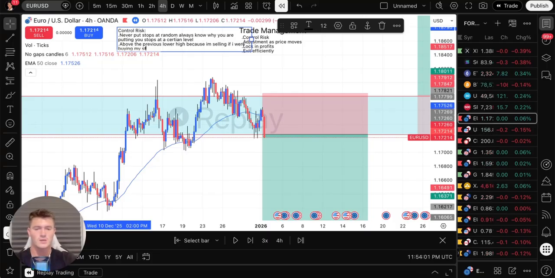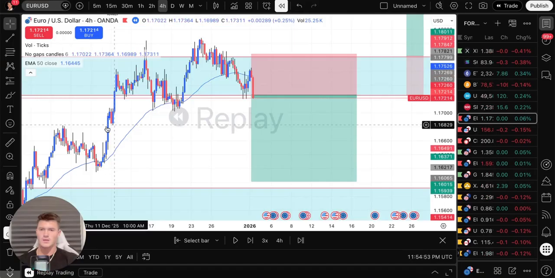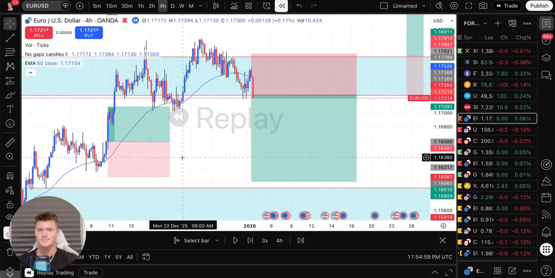If I were buying, my stops would be placed below the previous higher low. For example, over here, let's say we caught buys over here, entered off this engulfing.